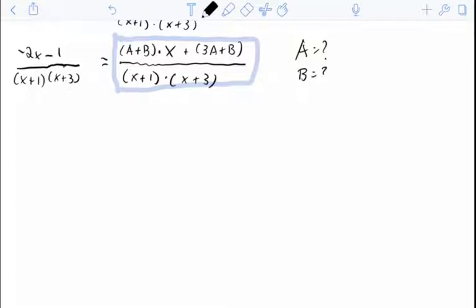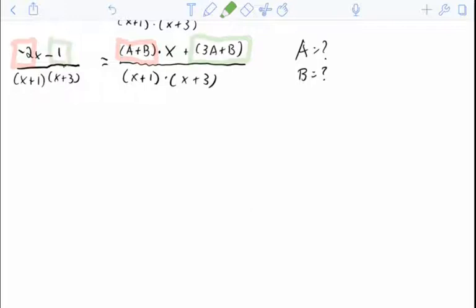Do I have any clues to their values? It turns out I do. So what I'm going to do here is compare their values. I don't know what A and B are, but I do know that when I add their two values together, I need this coefficient to be 2. And I don't know what A and B are, but I do know that when I combine their values in this way, I get minus 1.